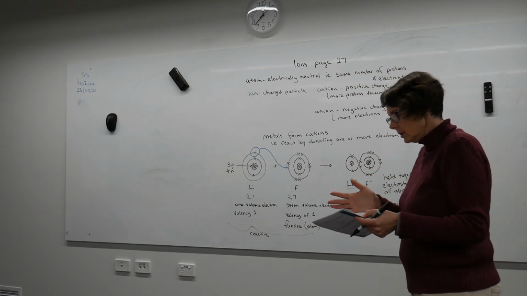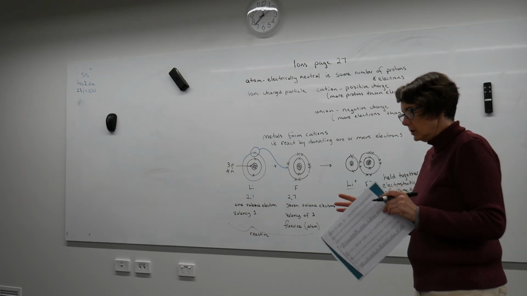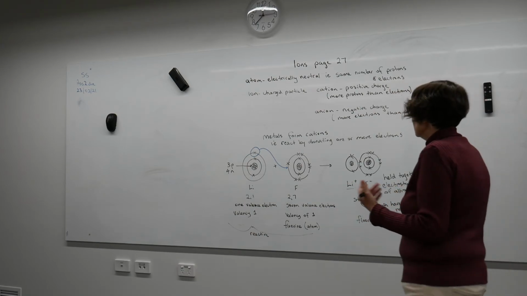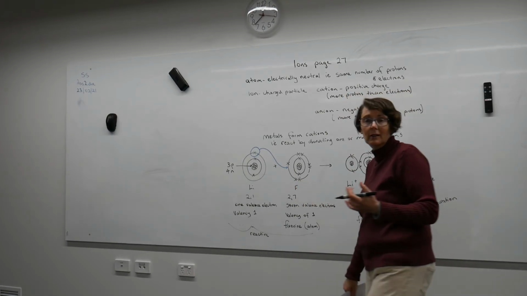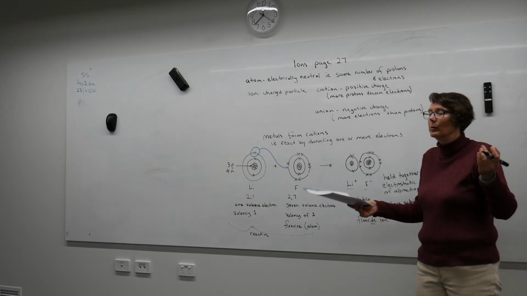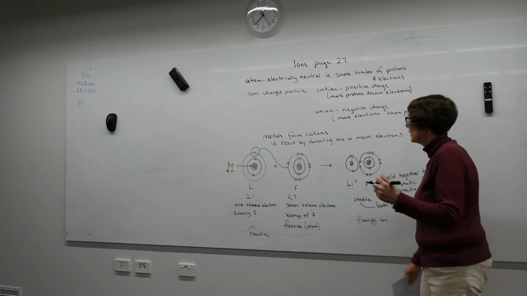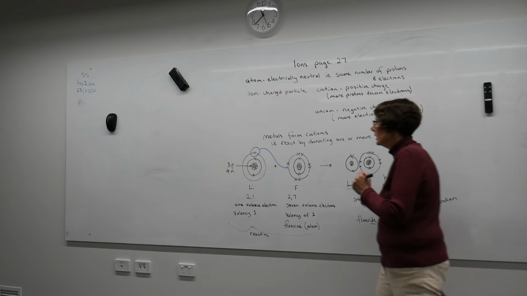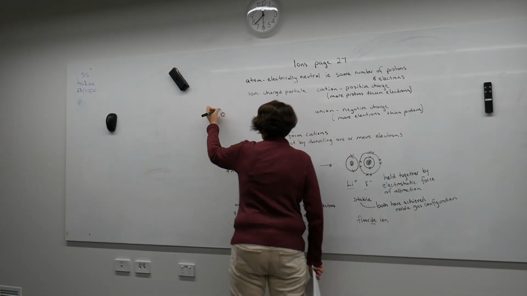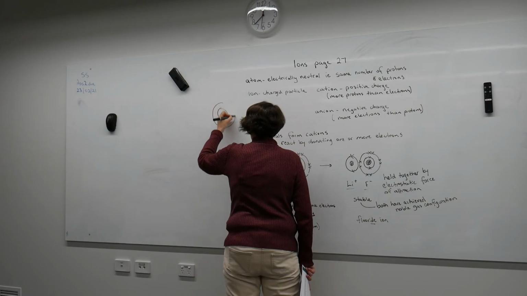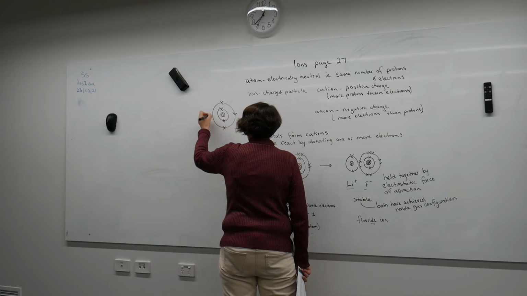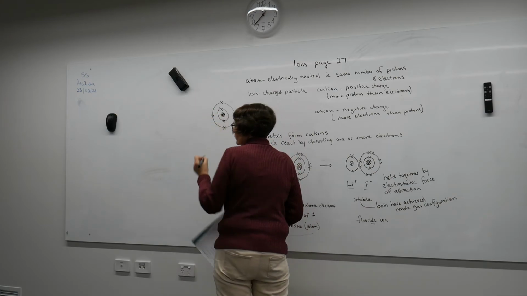Group 14 with carbon in it, that's a bit of a special case. Here with only 4, what do you do if you've got 4? Are you going to give them all away, or do you need to share with 4? Carbon shares. Carbon can form 4 bonds.